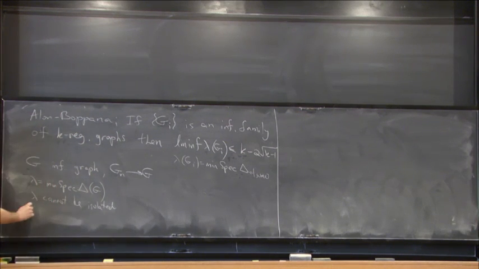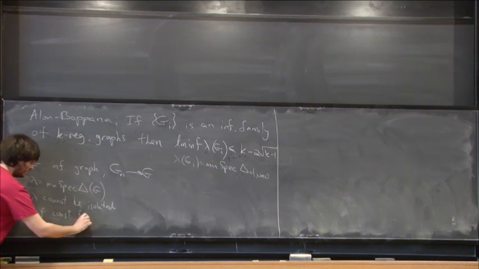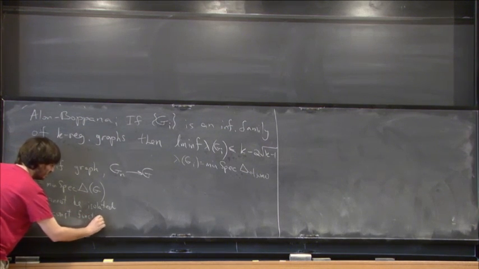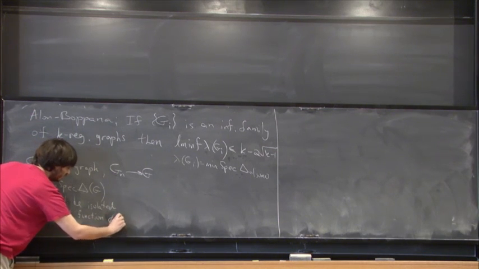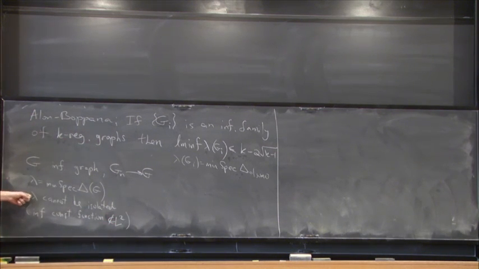right? Because an infinite constant function is not in L2. I'm skipping parts, but an isolated point in the spectrum corresponds to an eigenvalue. An eigenvalue 0 means that it's in the kernel of the Laplacian, which means it's a constant function on the graph, but the constant function on the graph is not in L2 for an infinite graph.